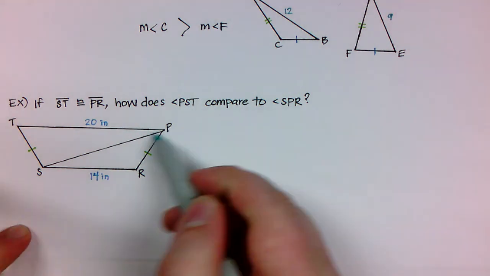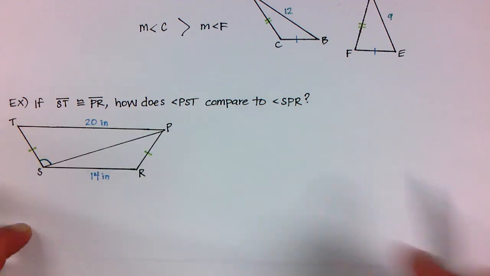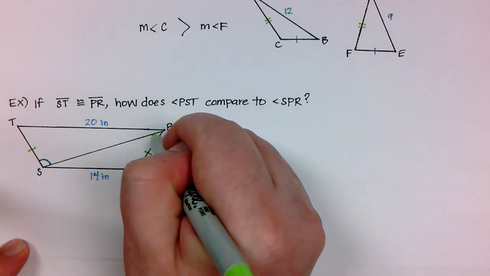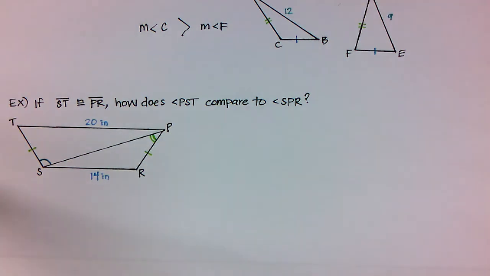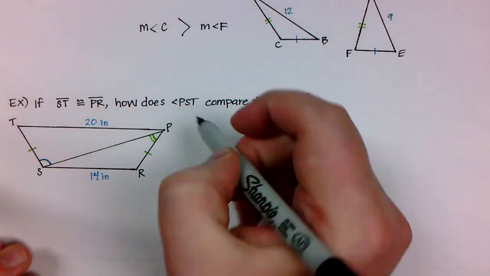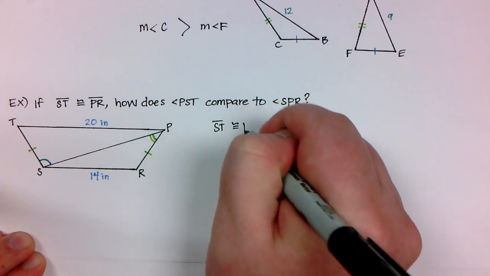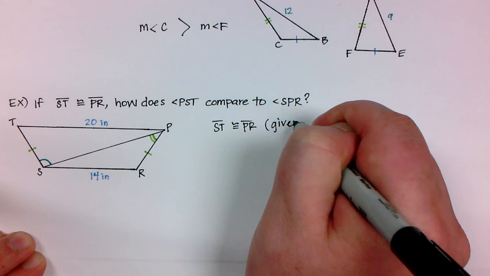So angle PST is this one down here on the bottom. And how does that compare to SPR, which is this angle up here? Okay. So let's just think of some things that we already know. We know that ST is congruent to PR, because that was just something that we were given.